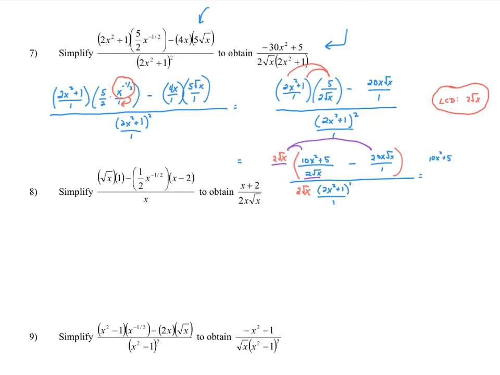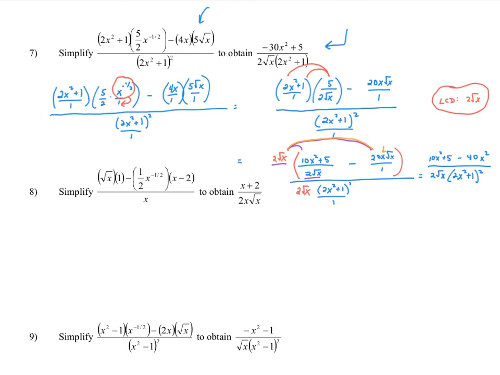We will get 10x squared plus 5. Over here, when we distribute, we see that 20 times 2 is 40, so we have minus 40. Root x times root x is x, but we still have this x term to multiply as well, so that will be x squared. In the denominator, it says 2 root x times 2x squared plus 1 squared.